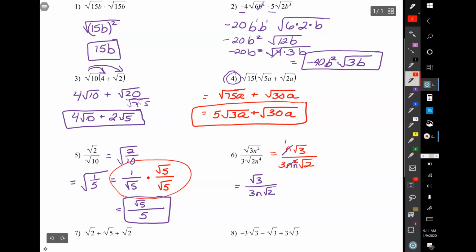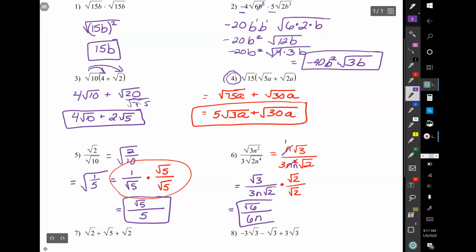So I do want to multiply top and bottom by the square root of 2 so I can get a rational denominator. And so I end up with square root of 6 in the numerator, and 3n times square root of 4, which would be 3n times 2. So I get 6n in the denominator.